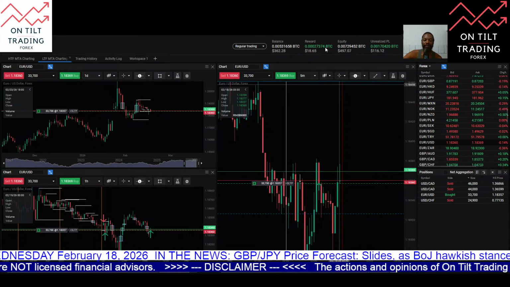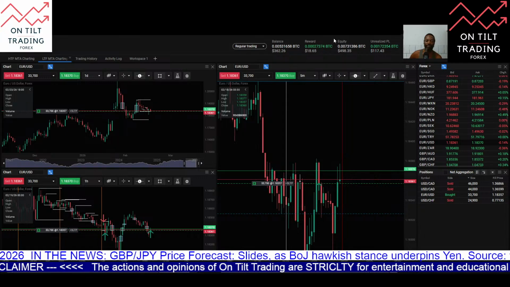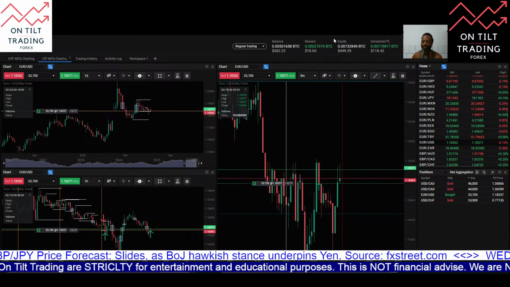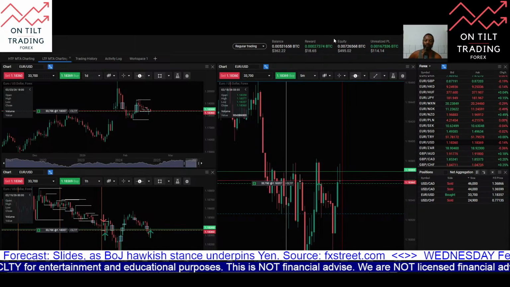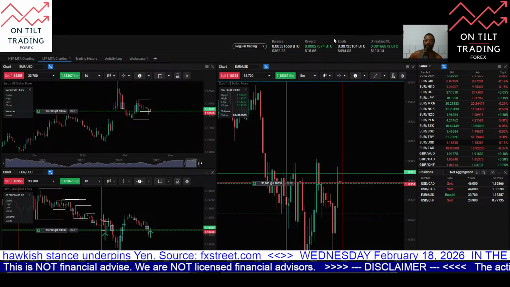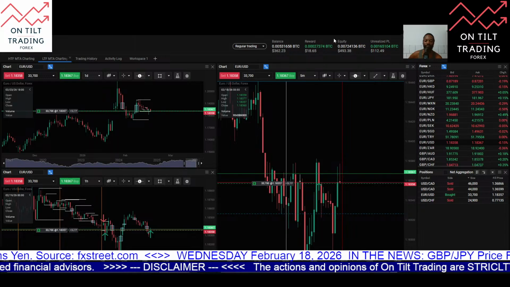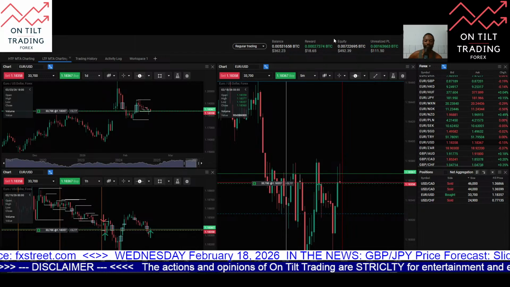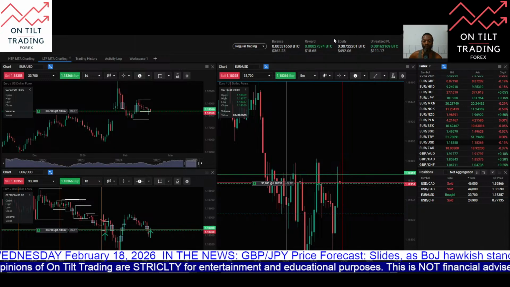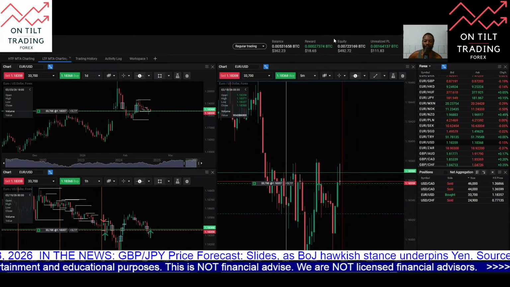And we can see euro dollar here starting to struggle up here. Put in a new 5-minute high. And price consolidating here near my entry.